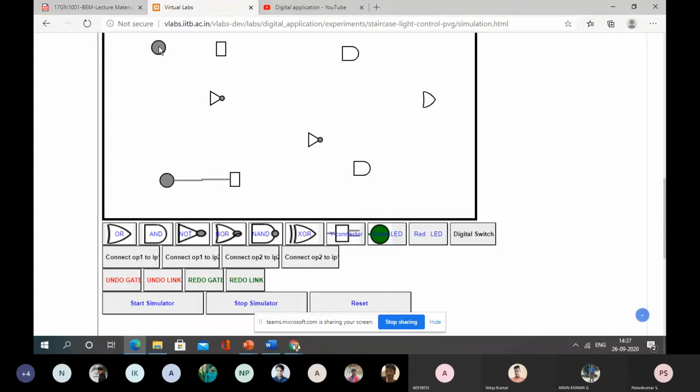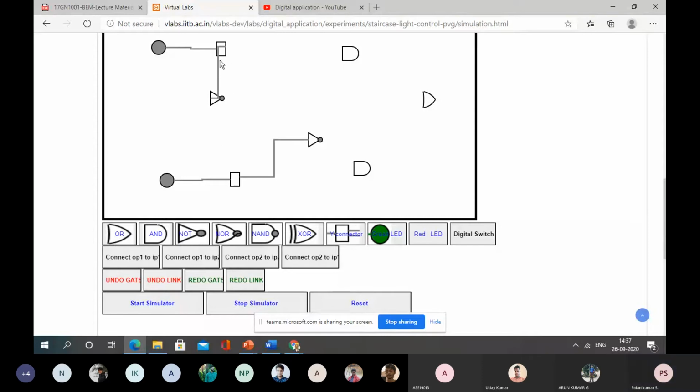So here I am connecting. Okay, so now I am going to have the output of this one to this one as an input. Okay, so now connect output one to input one. Likewise here I have connected it.